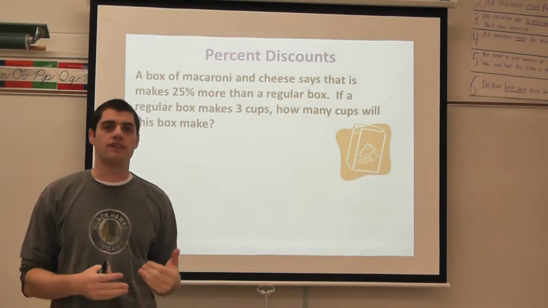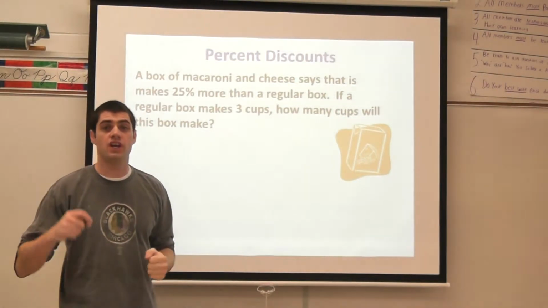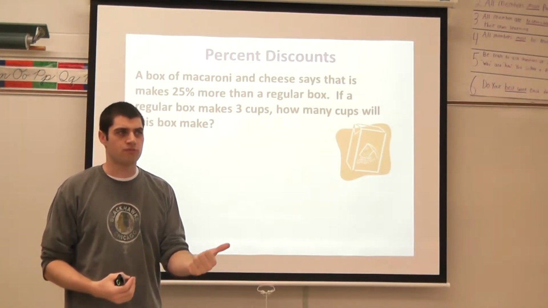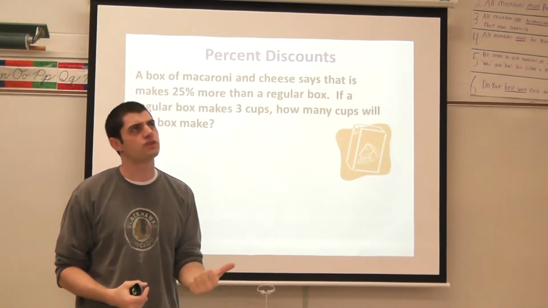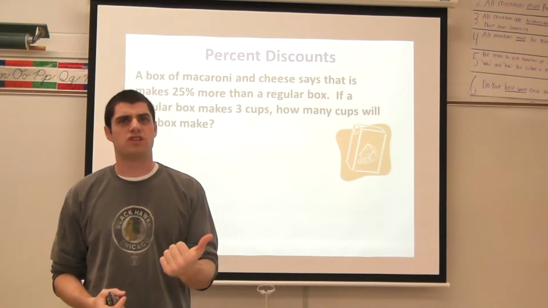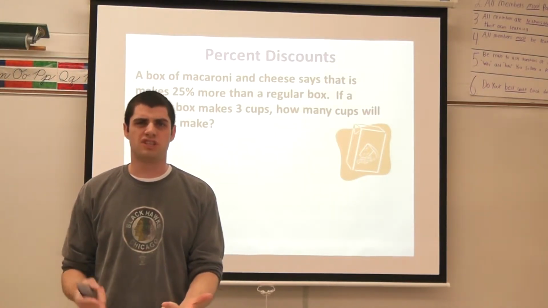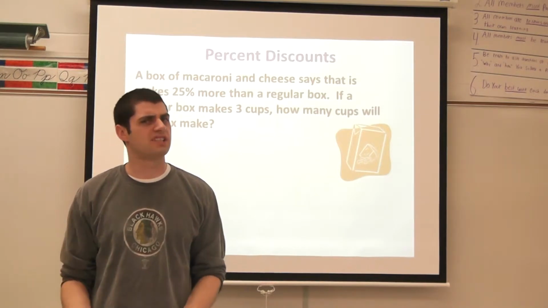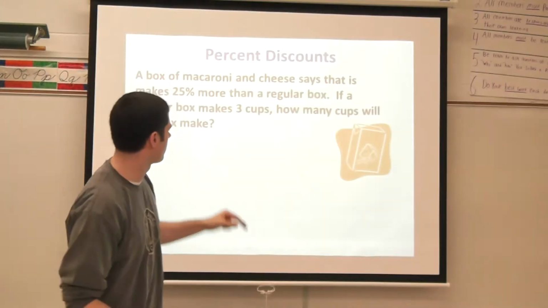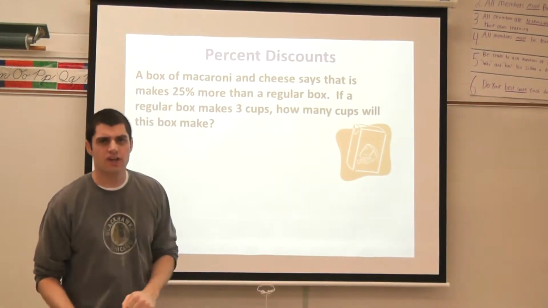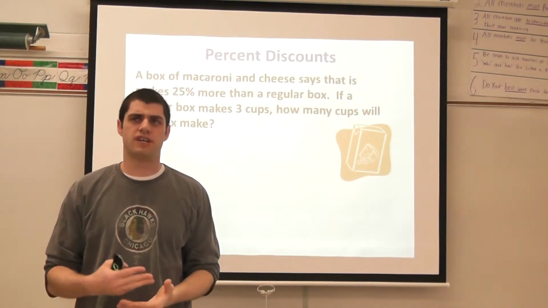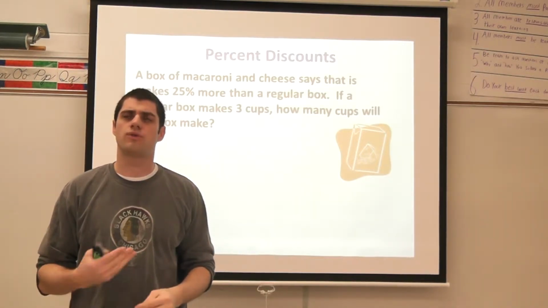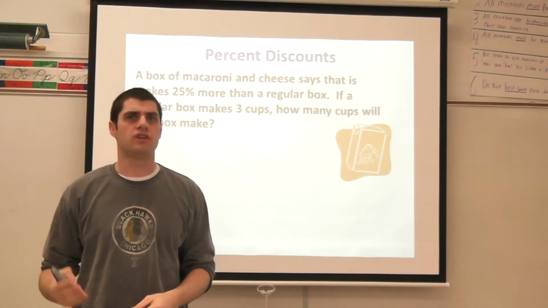I can slide it over, and that's going to give me 0.30 or 30 hundredths. Well, if 10% is 30 hundredths or 0.30, then 20% is going to be double, because it's double of 10%. So double 0.30 becomes 0.60. And then I'd still have 5% more to add on. Well, what's half of the 10%? If 10% was 0.30 or 30 hundredths, 15 hundredths would be 5%.